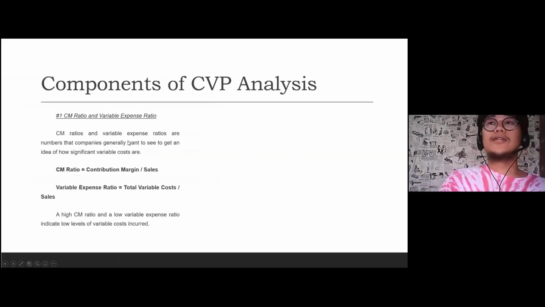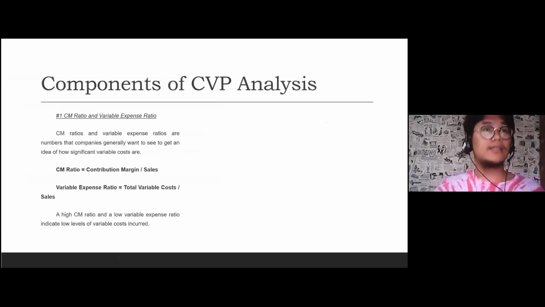The first one is your CM ratio and your variable expense ratio. CM ratio and variable expense ratio are numbers that the company generally wants to see to get an idea of how significant variable costs are.